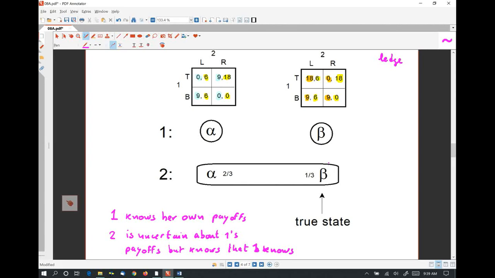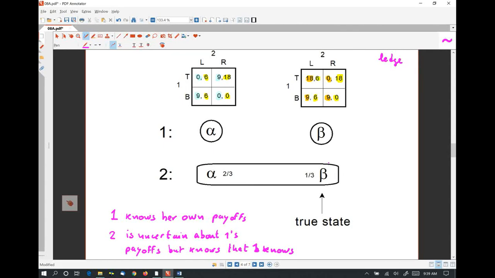Player 2 thinks that there is a possibility that they're playing that game, but there is also a possibility that they're playing a different game where the payoffs of player 1 are 0, 9, 9, 0. Now, one extra thing that we do, when there is uncertainty in the mind of the players, is attach probabilities to the possibilities that the player has in mind. So in this case, player 2 assigns probability 1/3 to the state being beta and 2/3 to the state being alpha.